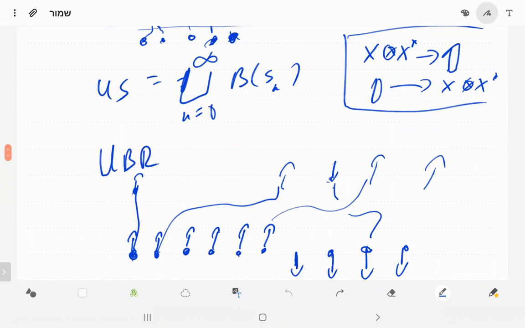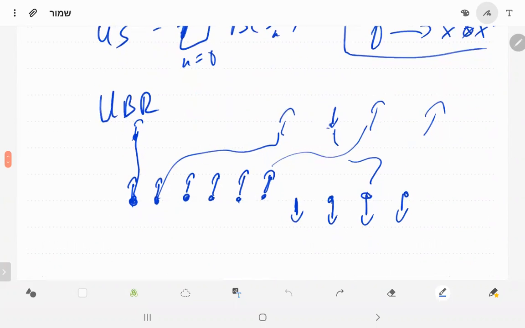And what does it mean? It means that each time you have an arrow up and an arrow down, like X tensor X, you can connect them like this. So when you start here, you can go up, but you also allow at some point to go down and connect to an arrow which is going down.